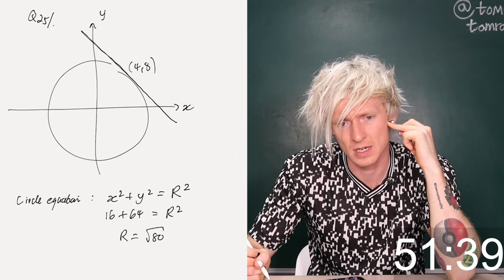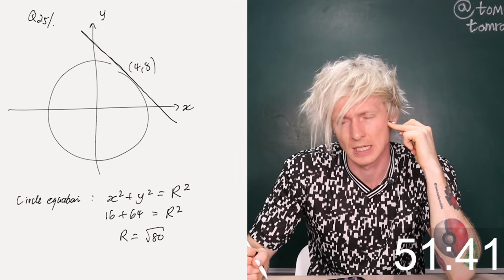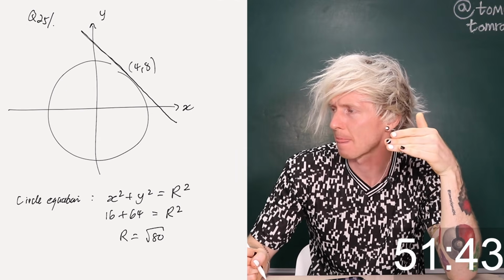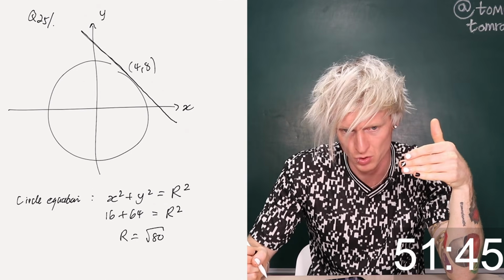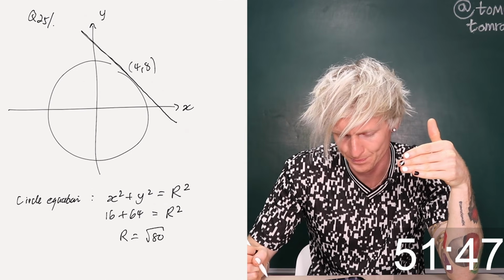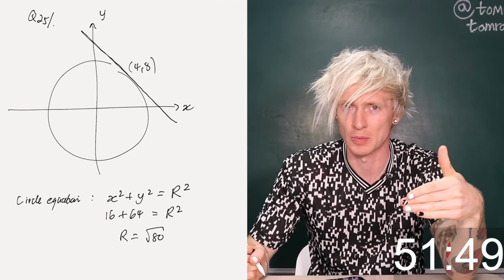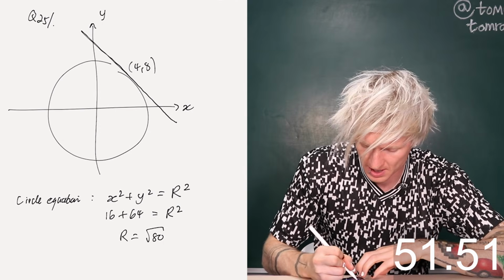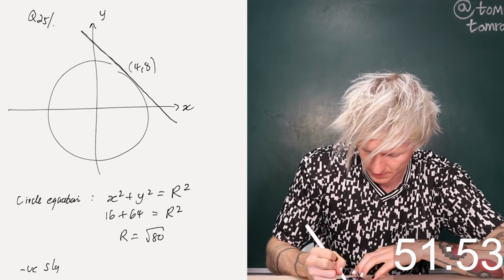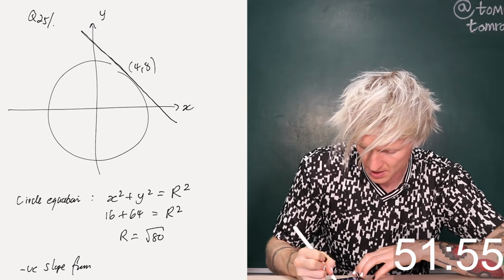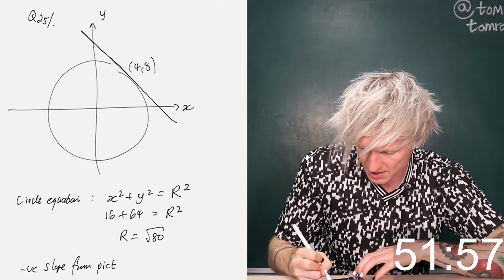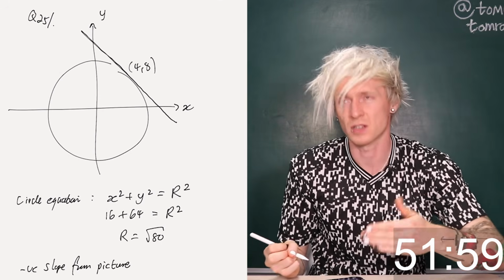Okay. What else can I say? So if I know a point that a line passes through, it's got a negative slope based on the picture. Wait, can we not say negative slope from the picture? And then just say, because of the value it passes.